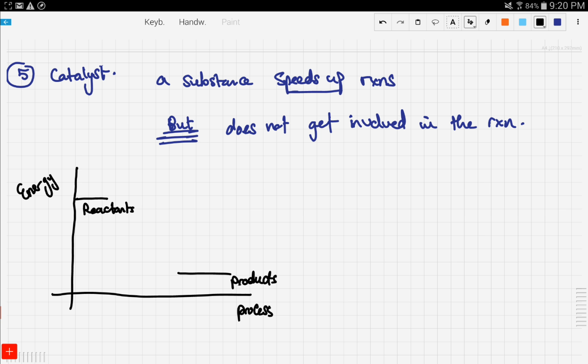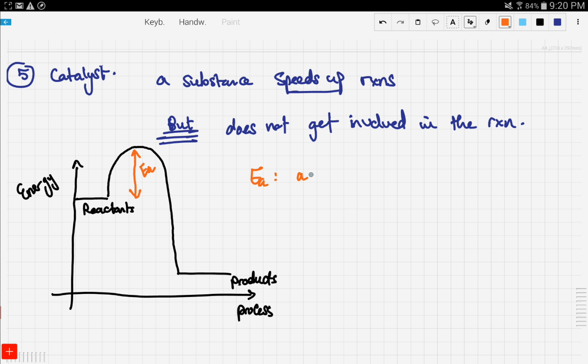And the reaction proceeds like this. This is the pathway. Okay. So this distance right here is the activation energy. But what the hell is activation energy?